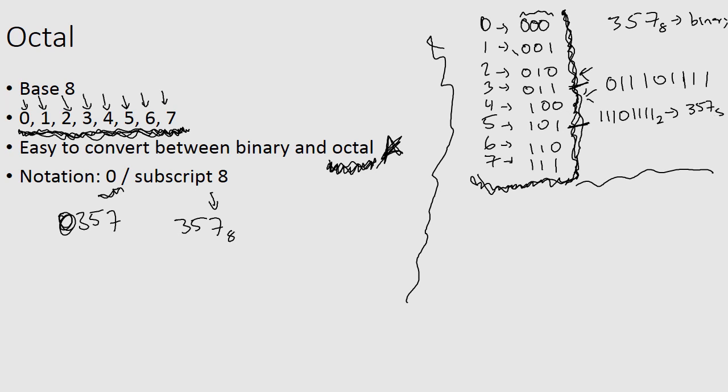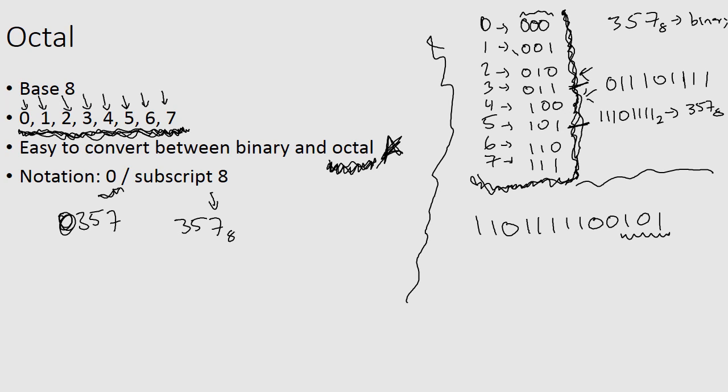If you wanted to convert from binary to octal, let's have 1, 1, 0, 1, 1, 1, 1, 1, 0, 0, 1, 0, 1. I just totally made that up. What we do is start off with the rightmost 3.